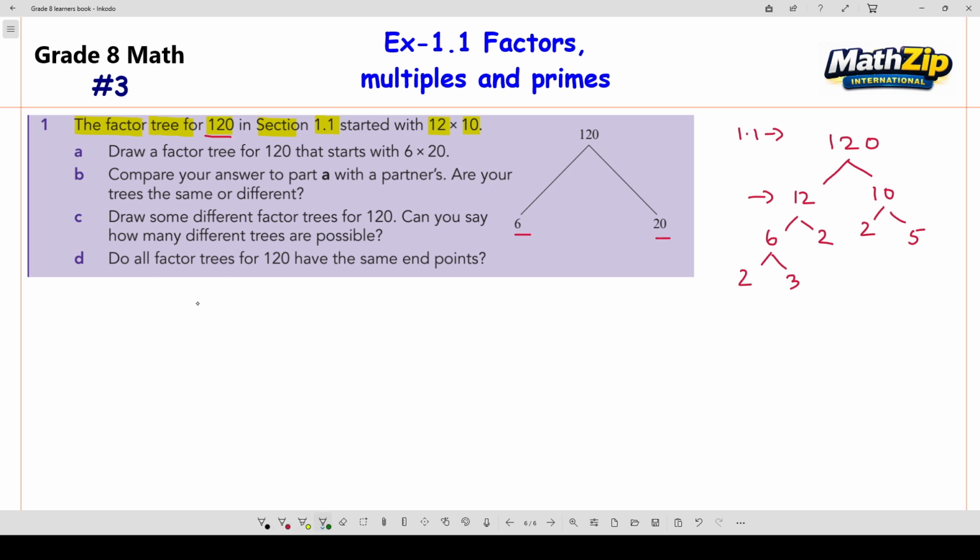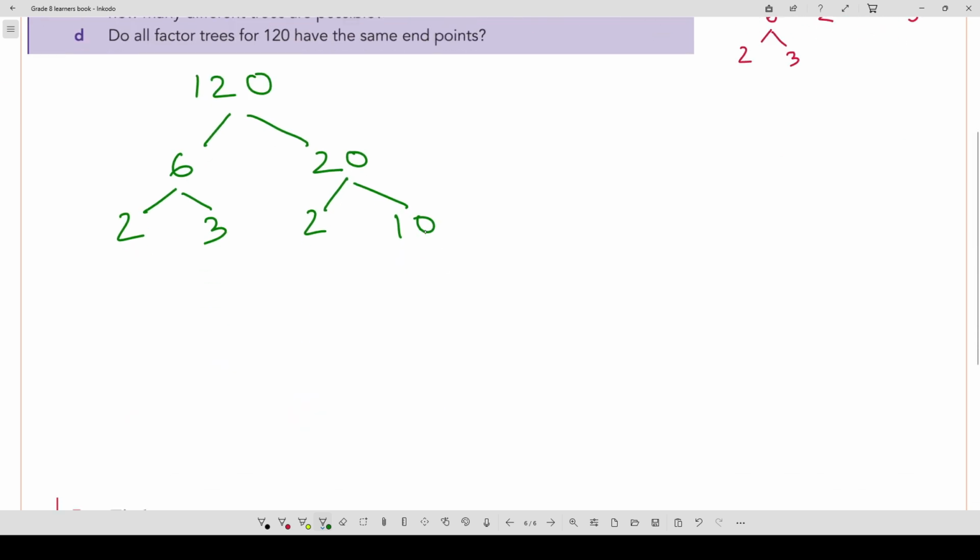How? This is 120, here is 6, and here is 20. 6 can be written as 2 times 3, and this 20 we can write as 2 times 10, and this 10 can be written as 2 and 5.